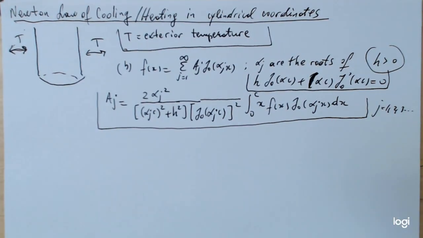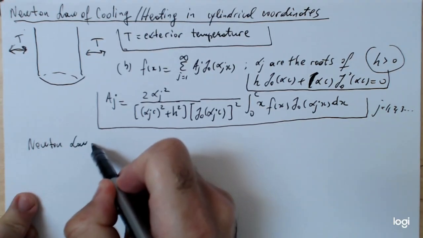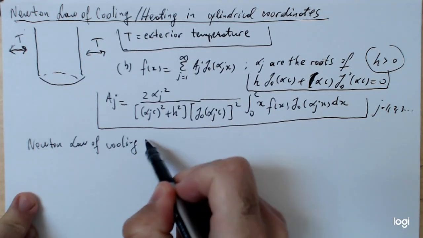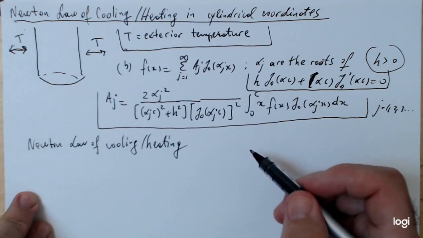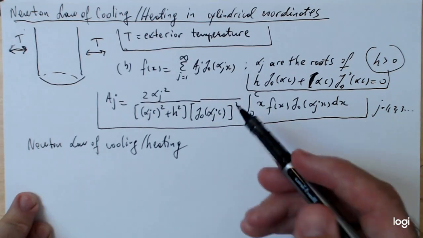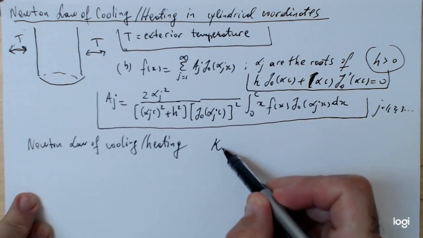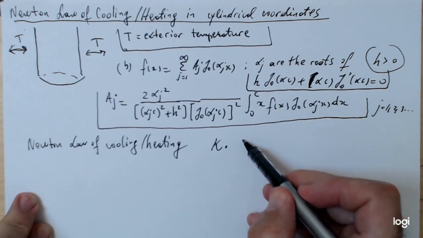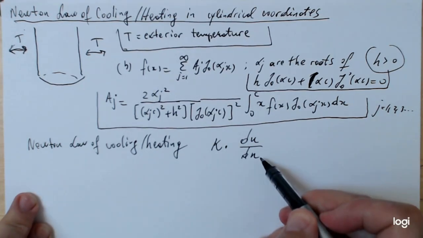In general, for any object, it doesn't have to be in cylindrical form, and this is also given in the book, Newton's law of cooling, or heating, because the surface temperature can go up or down depending on the temperature compared to the exterior of the object, states that the heat transfer across the surface follows the following law. Some physical constant K times the derivative of U, the temperature, with respect to the normal across the surface.